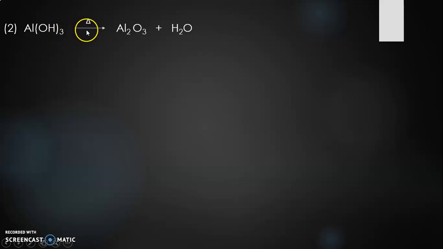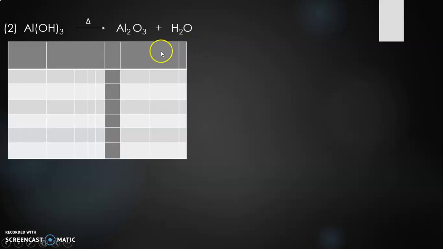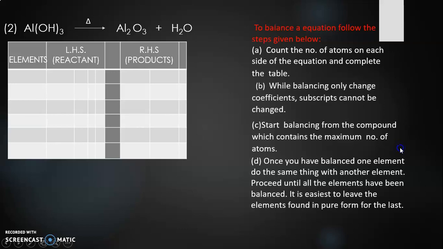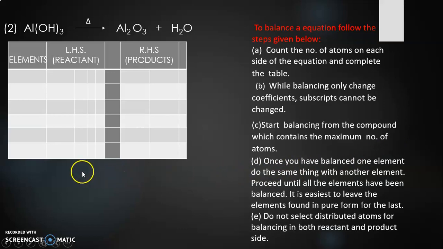Al(OH)3 on heating gives you Al2O3 plus H2O. We begin with drawing the table for the elements, the reactants on the LHS and product on the RHS. Again a quick look through the steps. How many elements?